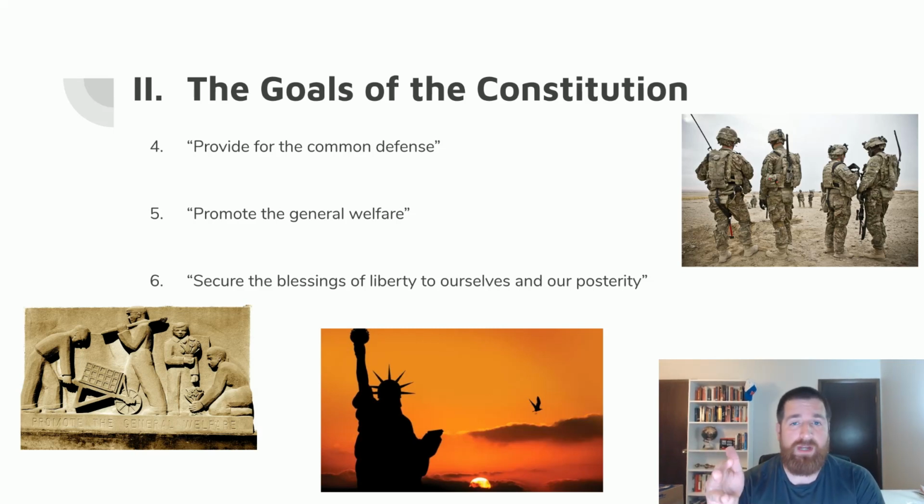Ensure domestic tranquility, which means that we want to maintain peace and order within the United States. Fifth, promote the general welfare, which means that we want to promote the overall well-being of citizens within the U.S. And then sixth, secure the blessings of liberty to ourselves and our posterity, which refers to the fact that we want to secure freedom and the benefits of freedom, not just for ourselves, but for future generations as well.